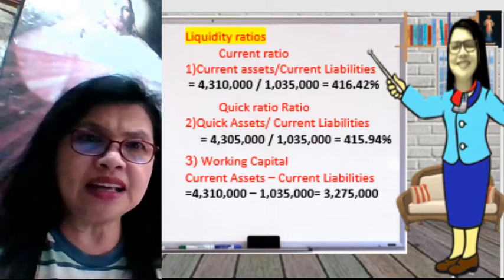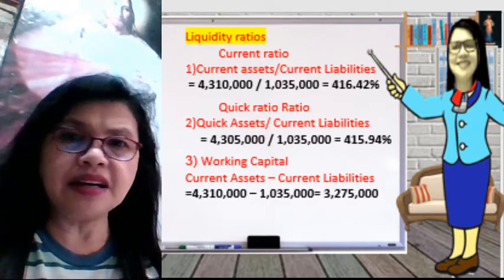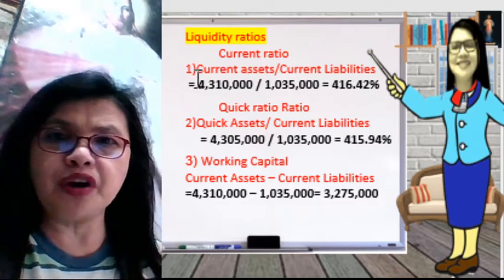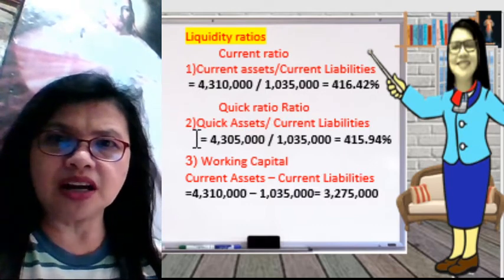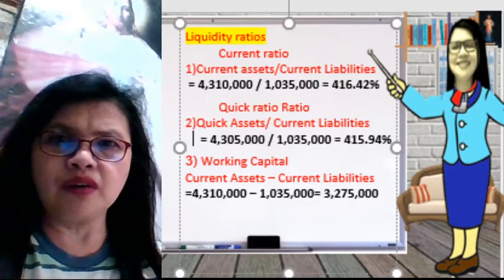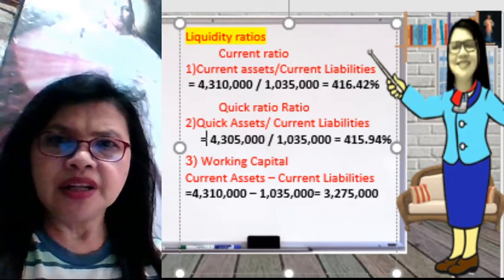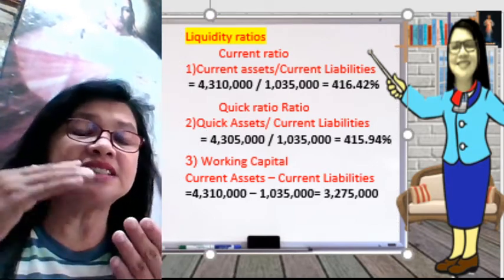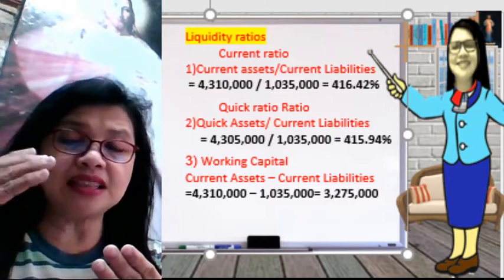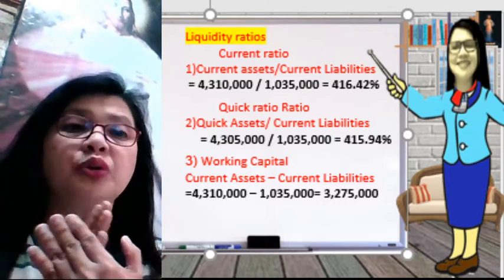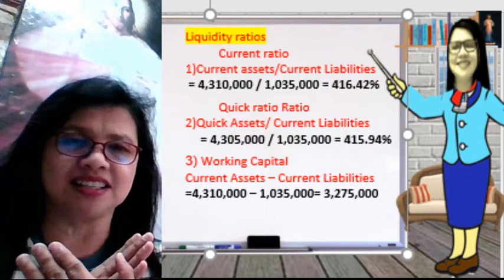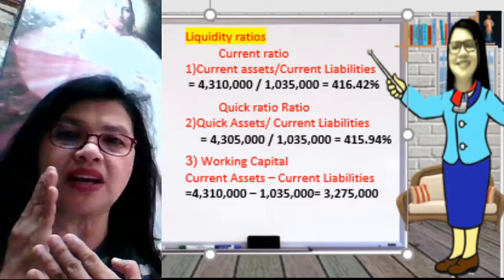Again, you will notice that the current assets has the amount of 4,310,000, while the quick assets has the amount of 4,305,000. It is lesser than the current assets because we do not include all the current assets when we use the term quick assets.